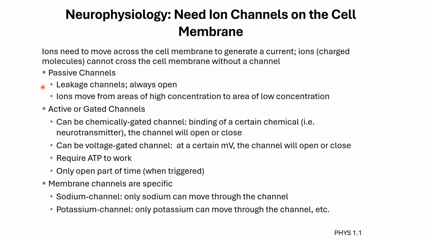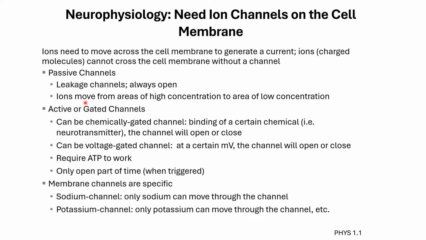The active channels or gated channels are only going to open when you have energy or ATP in order to open them. And because they're active or gated channels, these are going to allow the ions to move across in the opposite way of their concentration gradient. Sometimes it may allow them to open and move through the concentration gradient, so from high to low again, but it has to be opened chemically or voltage gated.